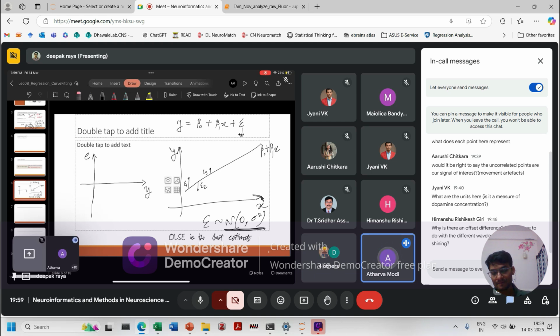And even if this is not true, in any case, OLSE converges to the true beta naught and beta 1 when n tends to infinity.